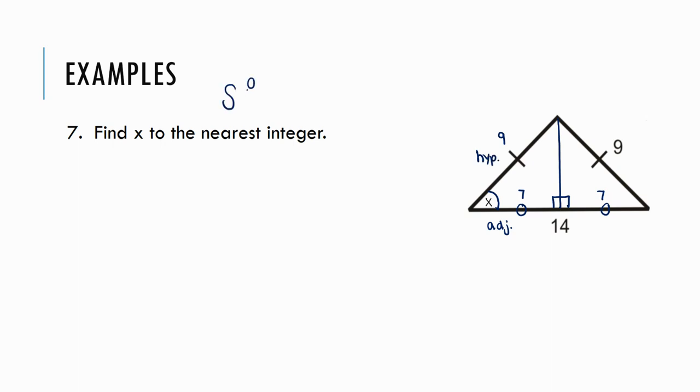So once again, if I'm thinking about SOHCAHTOA, we are dealing with the adjacent and the hypotenuse, so that means we want to use cosine. So we would set it up as the cosine of X to equal, then we have our adjacent side, which is 7, over the hypotenuse, which is 9.